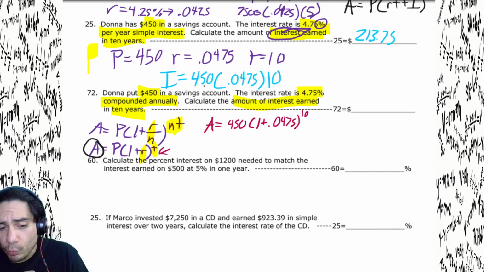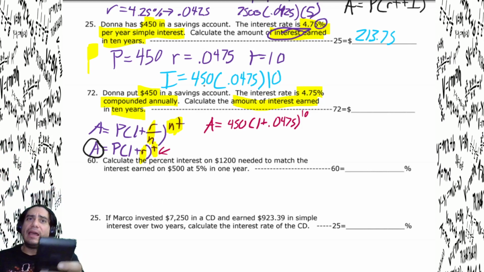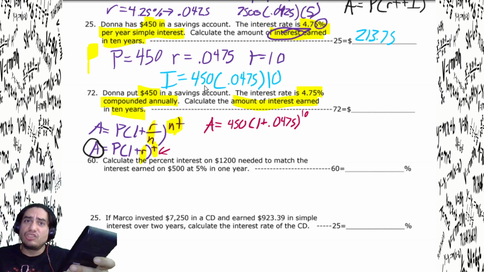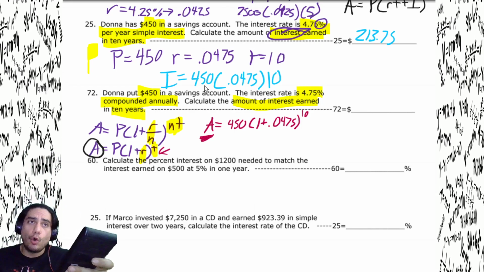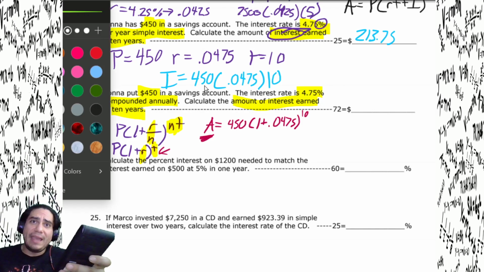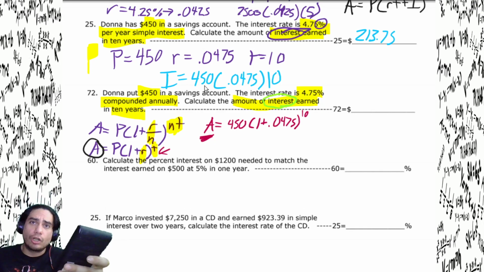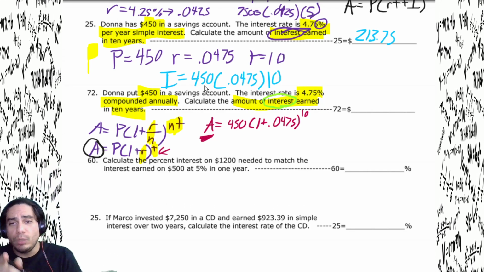So I would think we would just write that in. But then again, I'm not thinking very well, because what we solved for is the total amount in the account, and they aren't asking for that. They're only asking for the interest earned. So there's one more thing we have to do.